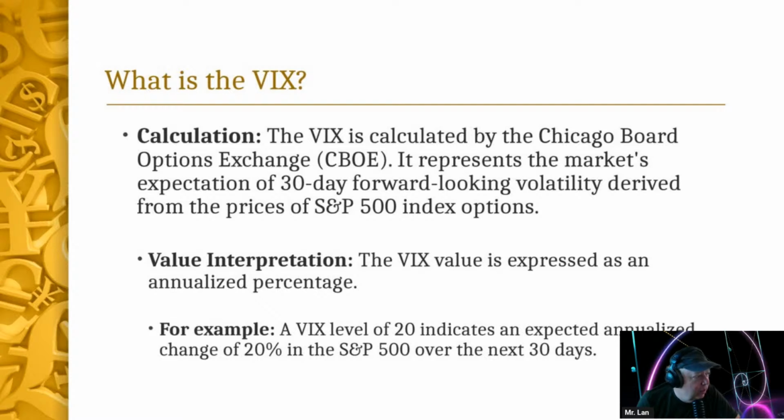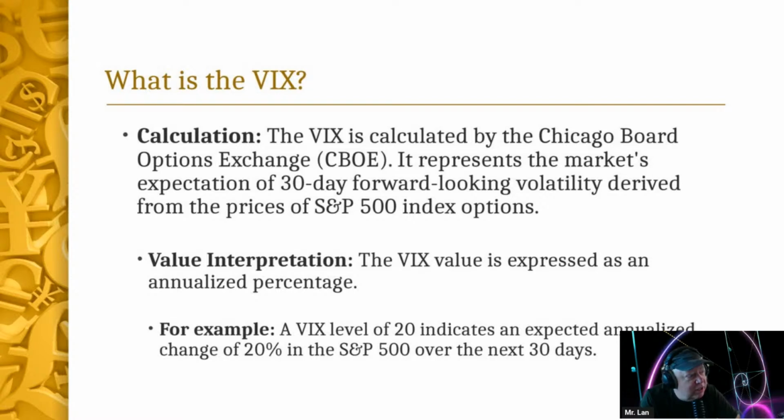All right. Calculation. The VIX is calculated by the Chicago Board Options Exchange out of Chicago. Hey, this is a calculated index from Chicago, and the symbol is VIX. You just pull it up.